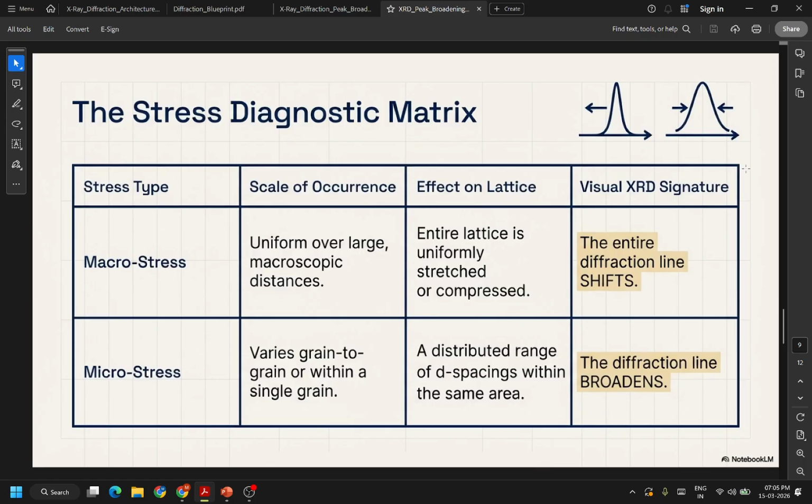So the effect would be that within the same area there will be a distributed range of d spacings. That is, for a single orientation there will be multiple d spacings, and that will cause interference at different angles. So it will result in a broadening of your diffraction line. In one case your diffraction peak will shift, in another case it will broaden.